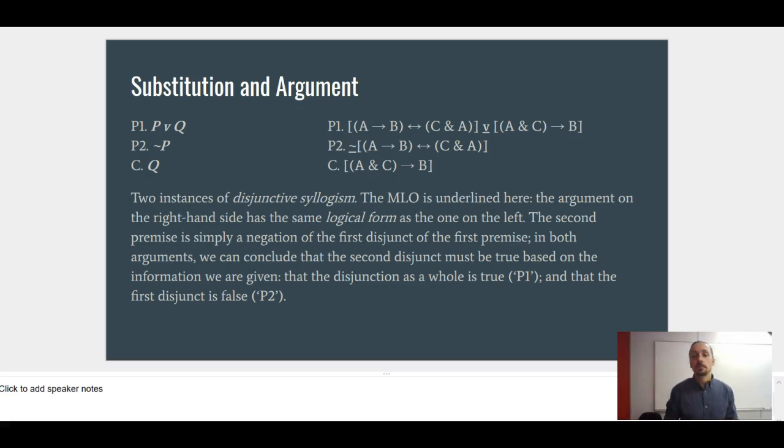And the conclusion is the other disjunct. So it's either one or the other. Now they're very long, but that doesn't matter. It is not the case that it's this one, therefore it's the other. I've underlined the main logical operator. The important thing to remember is that the argument on the right-hand side has the same logical form as the one on the left. The second premise is the negation of the first disjunct, and we conclude that the second disjunct must be true.